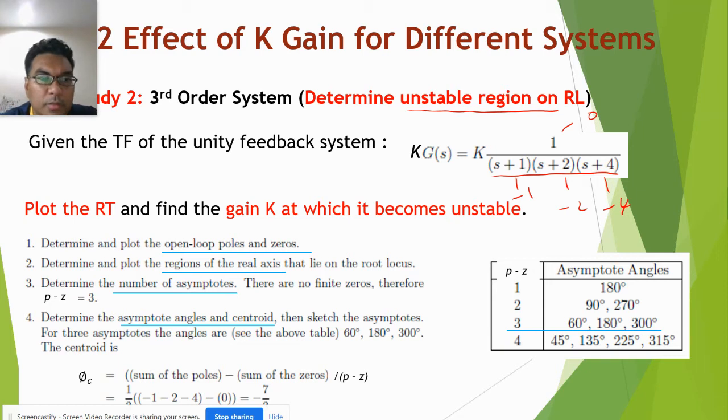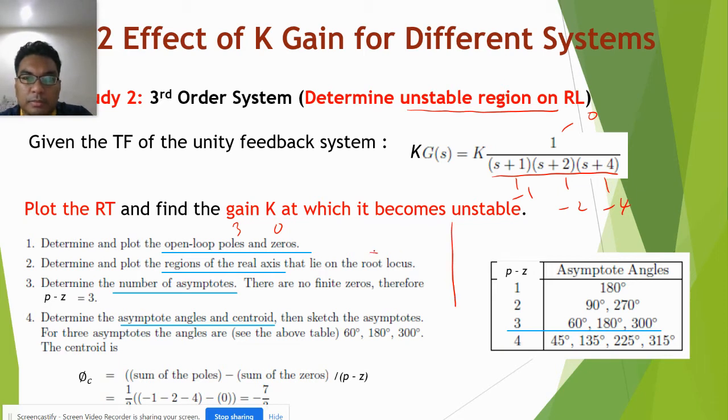The first step you have to do is determine the plots of the open-loop poles and zeros. So you know that there are three poles and no zeros. Then the second step is to determine the region of the real axis that lies on the root locus.